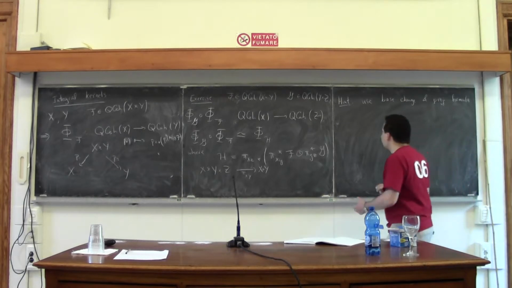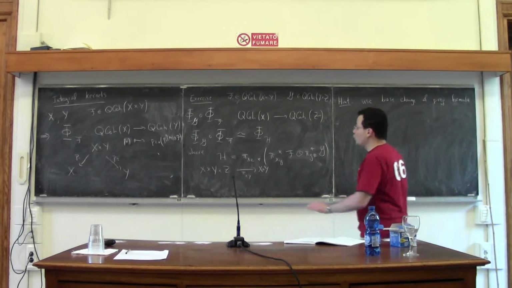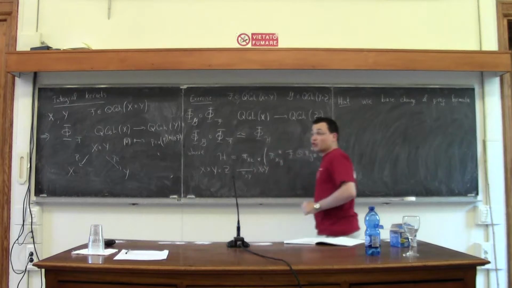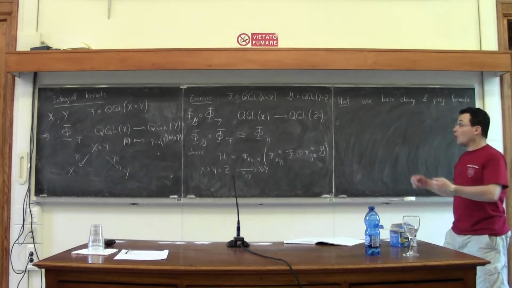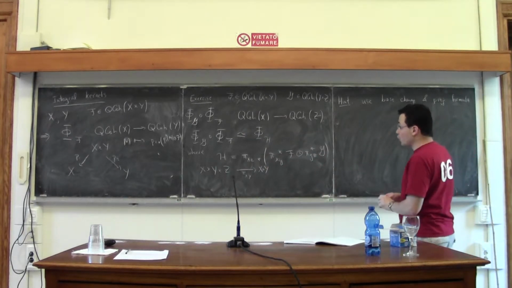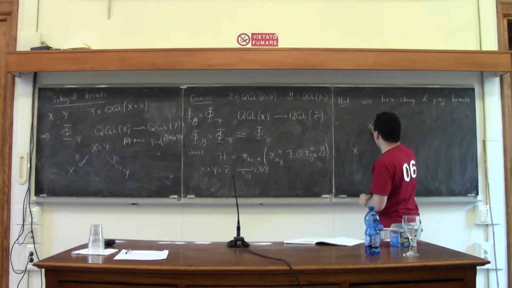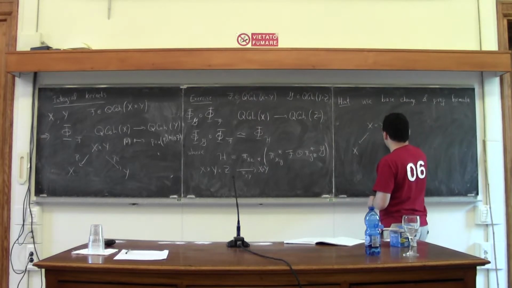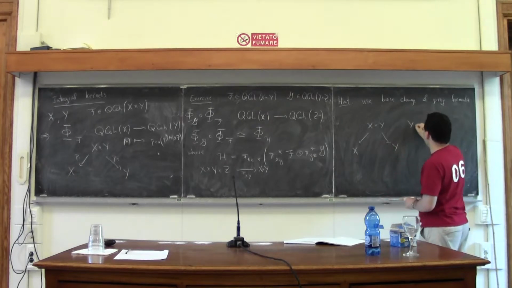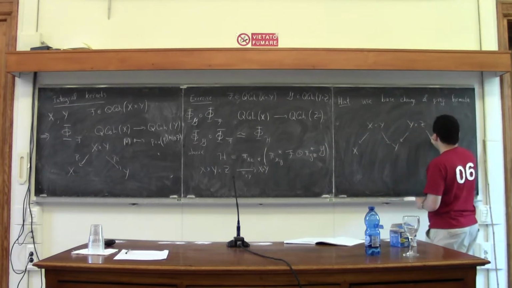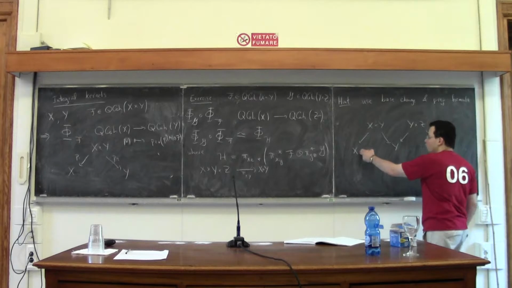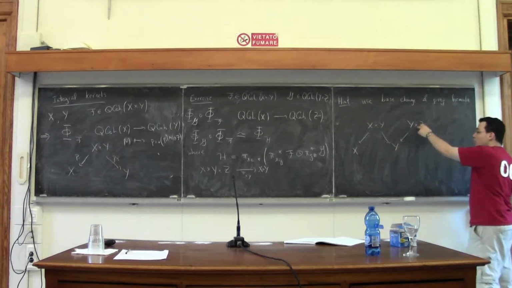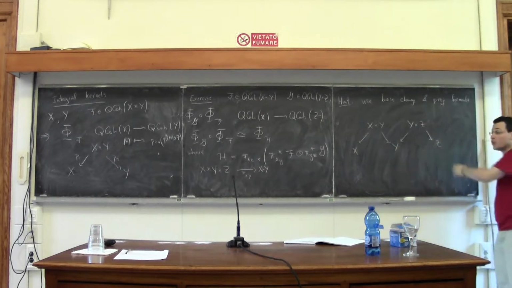Let's start with the base change part. Suppose F and G were just structure sheaves, just O on the products. Then you have two correspondences like this. You pull back here, push forward here, pull back here, push forward here. This is what you're trying to express.